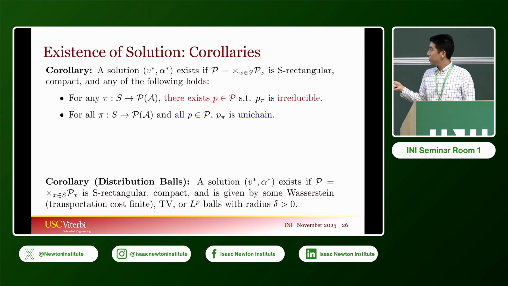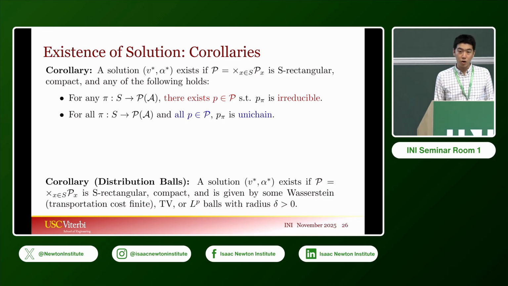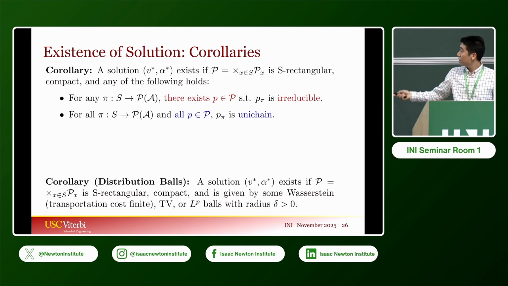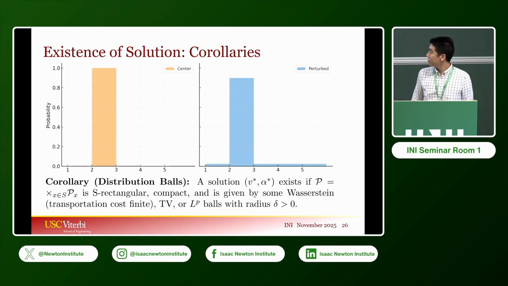And if we use these types of ambiguity sets, then it turns out that a solution will always exist. Notice that here I'm specifically ignoring the KL or chi-square type ambiguity sets. Let's see why this is the case.